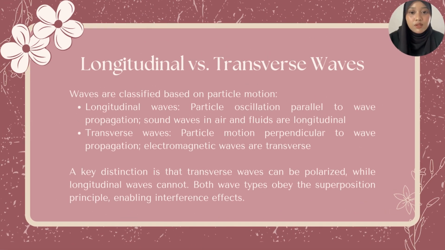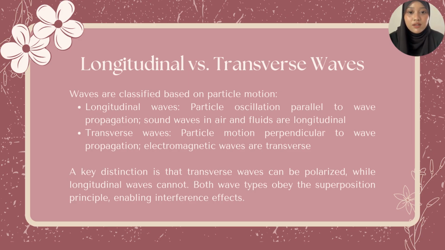Next, we're going to longitudinal versus transverse waves. Waves can be classified based on the direction of particle motion relative to wave propagation. Sound waves are longitudinal waves where particle oscillation occurs parallel to the direction of wave travel, resulting in compression and rarefaction.